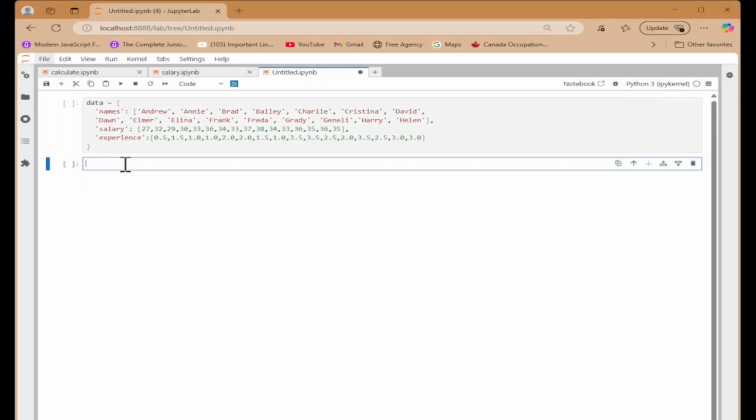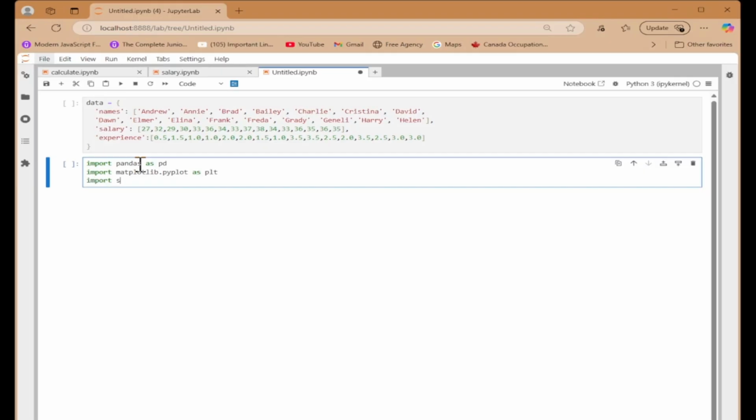So how are we going to do it? Always start with importing. We're going to use pandas. Import pandas as pd. Import matplotlib.pyplot as plt.